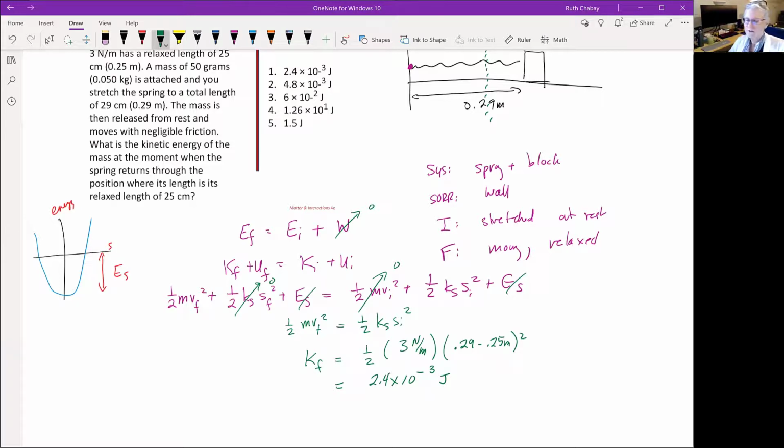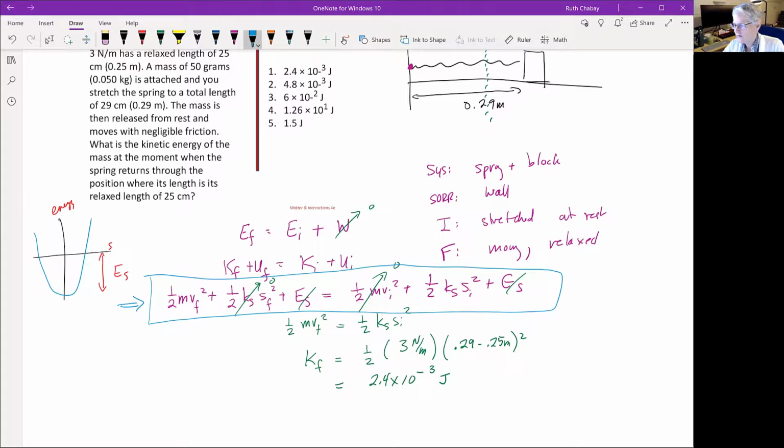So again, energy problems are exactly the same, but really all the work goes into expanding out this step here. This is where the action is.